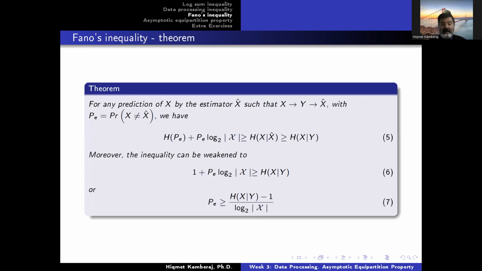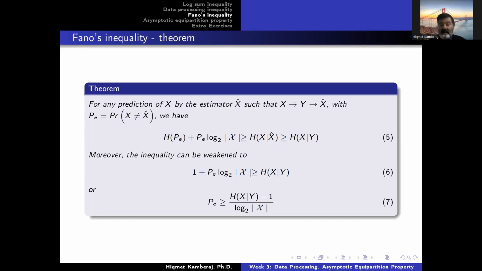For any prediction of X by the estimator X hat, such that X, Y, and X hat form a Markov chain, with probability of error equal to the probability that X is different from X hat, we have that the entropy with probability distribution P of error, plus P of error log base 2 of the cardinality of the set chi, is greater or equal to H of X given X hat, which is greater or equal to H of X given Y. Moreover, the inequality can be weakened to 1 plus P of e log base 2 of the cardinality of chi greater or equal to H of X given Y, or P of e is greater or equal to H of X given Y minus 1 over log base 2 of the cardinality of chi.